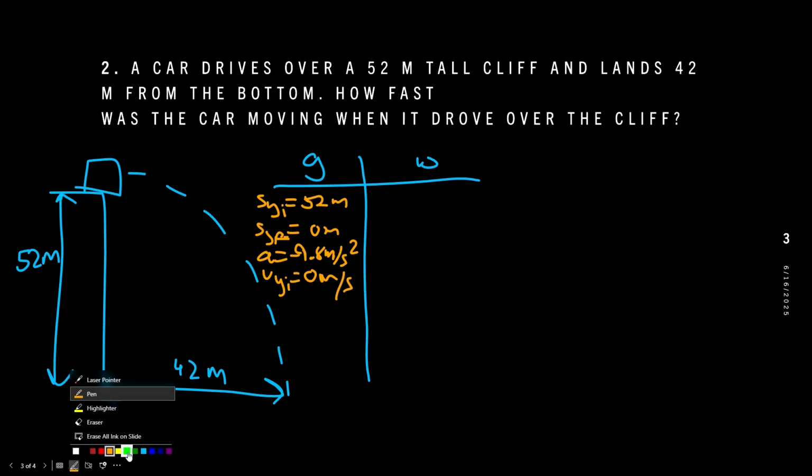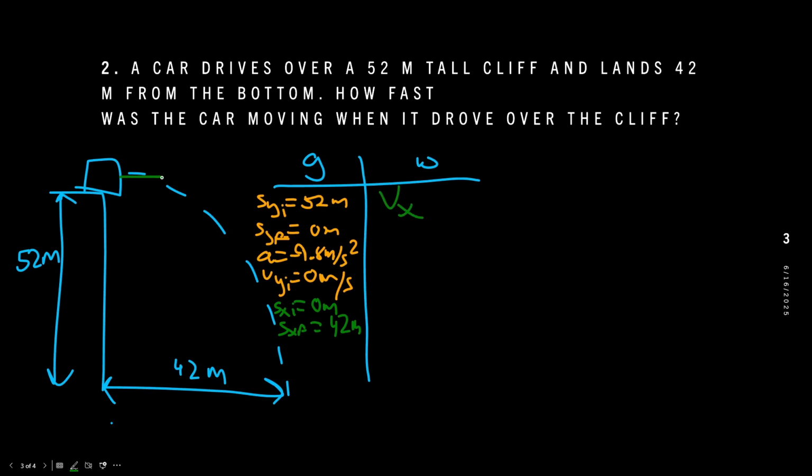Then for our x values, we know SXI is 0 meters and SXF is 42 meters. And then what we need to find is Vx because it's moving forward and not at an angle.